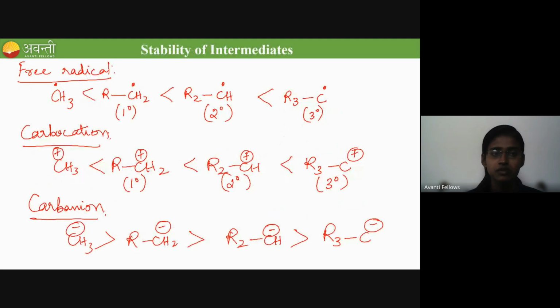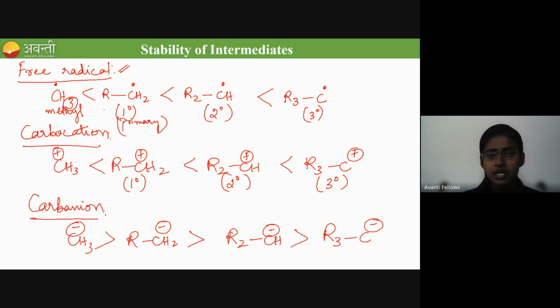First I am taking a free radical. I have a methyl free radical at first, and if I replace one of these hydrogens by an alkyl group, I will get RCH2 dot, which is called a primary free radical.